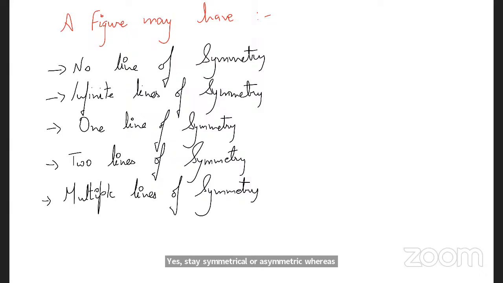If we fold the shape along a line, the two parts will not be able to cover each other perfectly. Those shapes are known as asymmetric shapes. Write the definition.